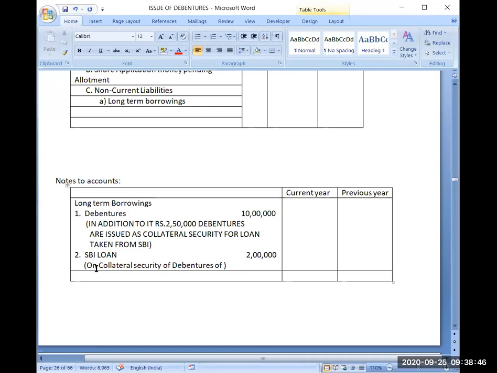And here also I will put a note on collateral security of debentures of rupees 2,50,000. So both ways it is to be informed.